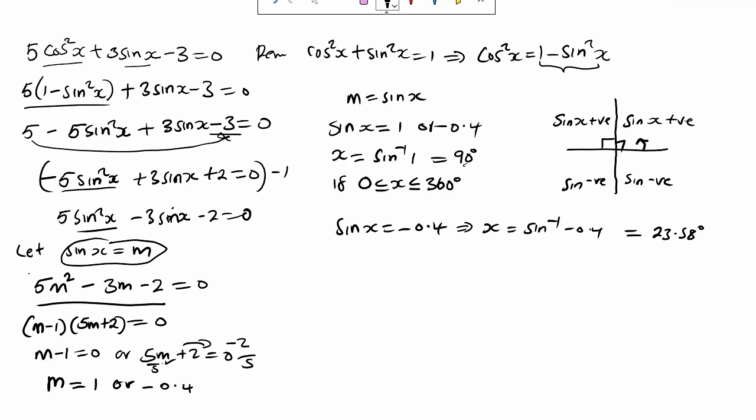So we shall look for the value of x in this quadrant, and we shall add 180 degrees because our x is this angle here. Also on the fourth quadrant, our value of x is that angle there.